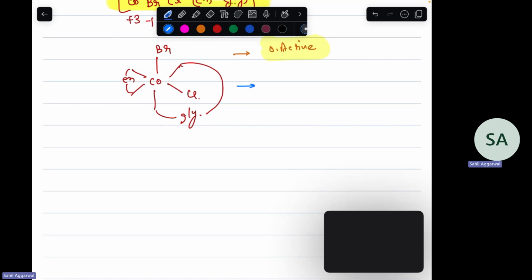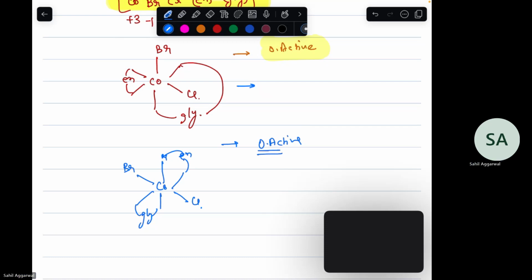B. If both the halogen atoms are present at 5 and 3 position, then the molecule will be optically active. Molecule will always be optically active because it does not have plane of symmetry, neither center of symmetry.